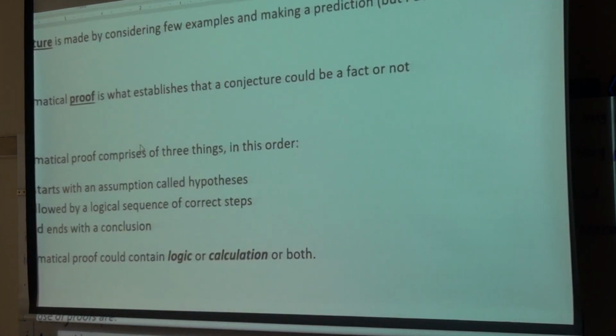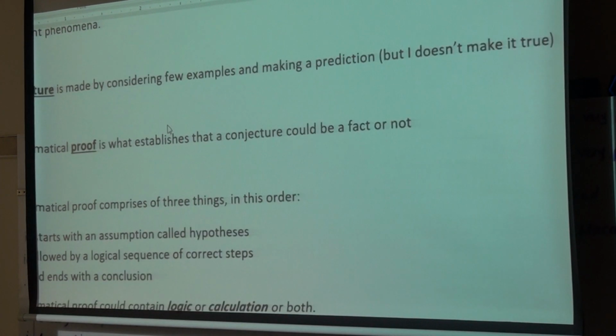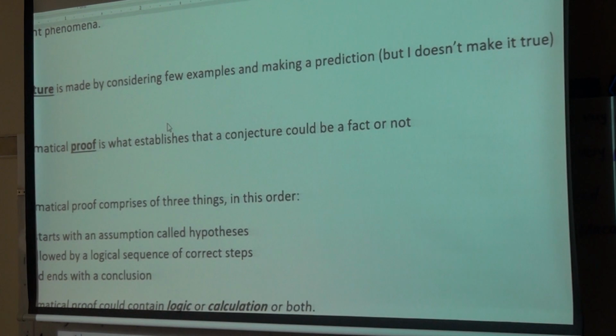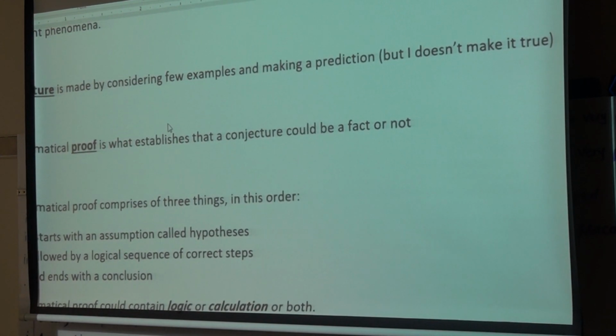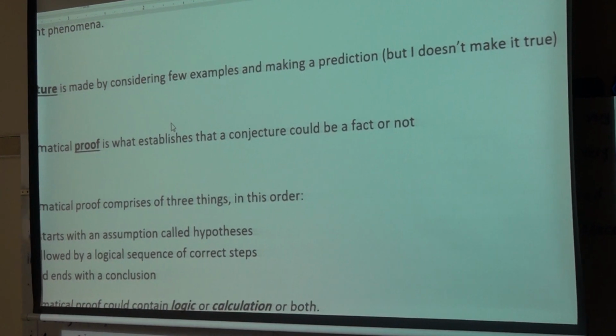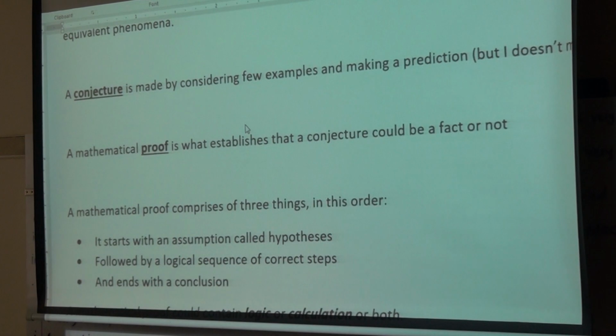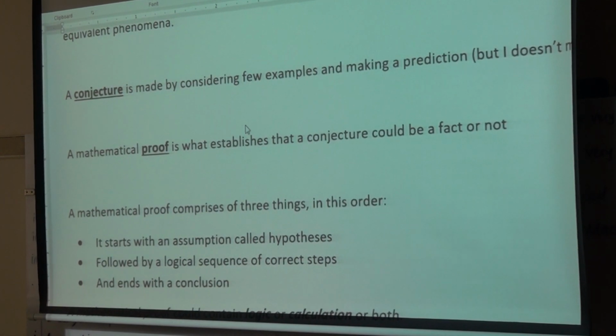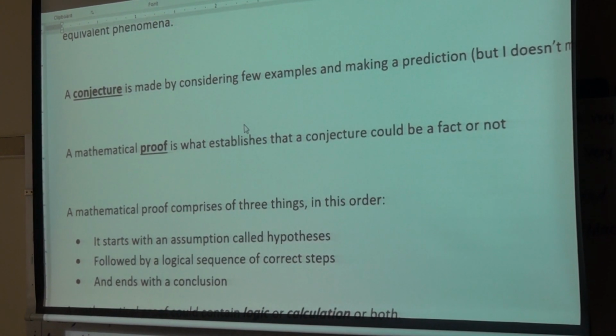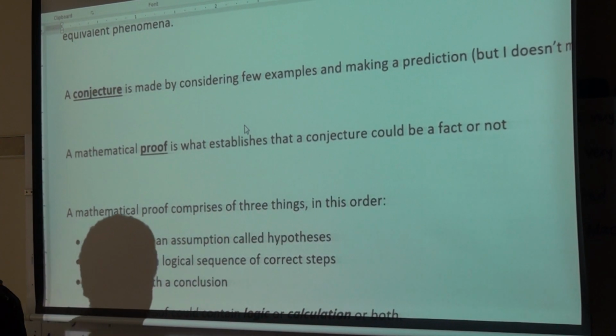Now, a mathematical proof, like you said, establishes the fact. What does it contain? An assumption, which is your hypothesis. You do some of these things indirectly.